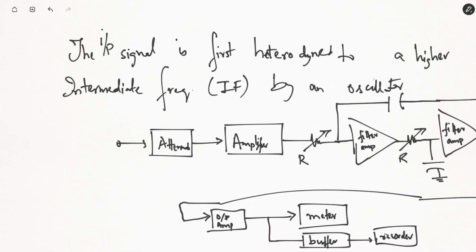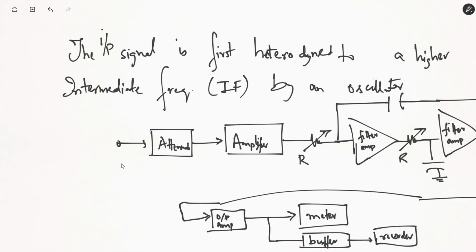The RC filter designed here will have its own amplification circuitry extra. It will be passed on to an output amplifier and then to a meter device, or through a buffer we can feed it to a recorder as well. Fine.